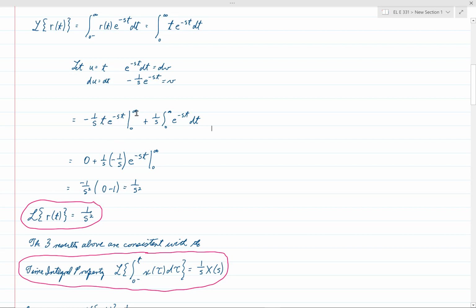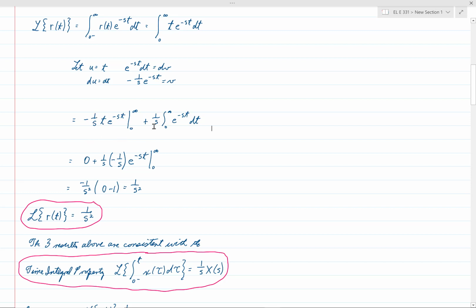So at the upper limit we have 0, and at the lower limit, because t is equal to 0, we also have 0. So this term is just 0.